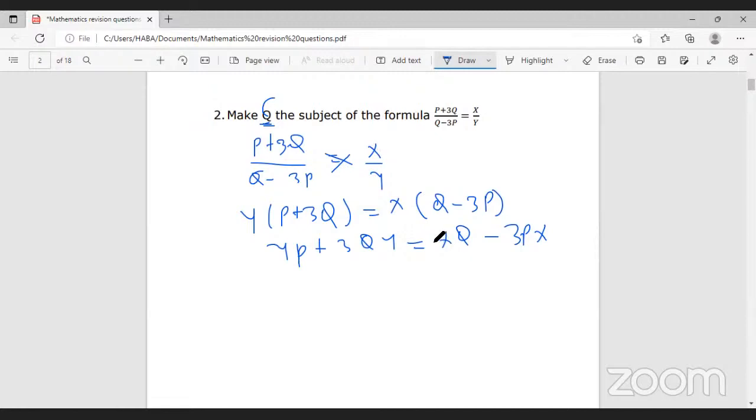First collect like terms. We are going to collect terms that are in Q together, and then terms that are not in Q. So we have 3YQ. Since this is positive, when it crosses the equal sign, it becomes negative.